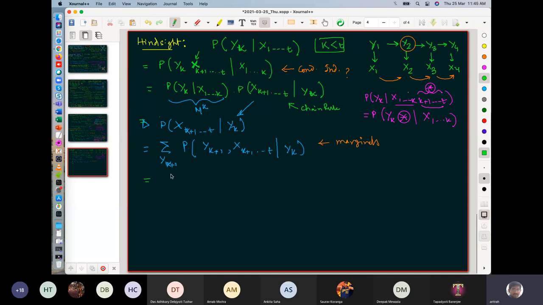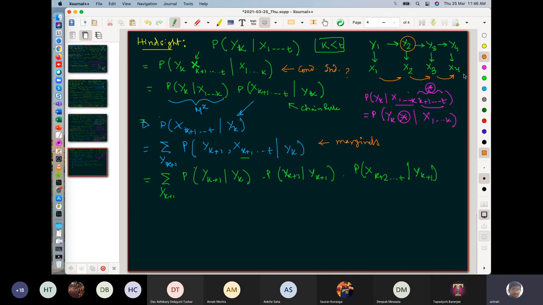Then after that, I will just continue with this probability. I will apply the conditional independence again. Probability of yk plus 1 is conditionally independent of the rest given yk, into probability of xk plus 1 given yk plus 1, into probability of xk plus 2 up to t given yk plus 1.